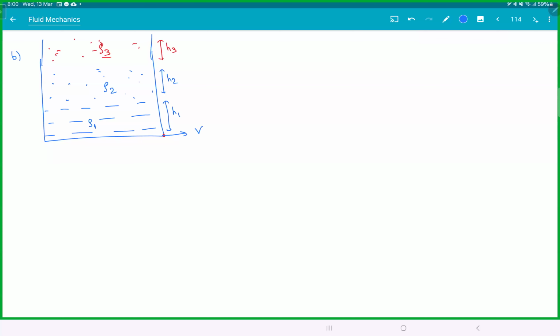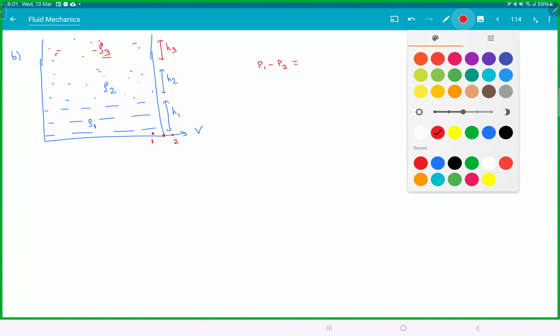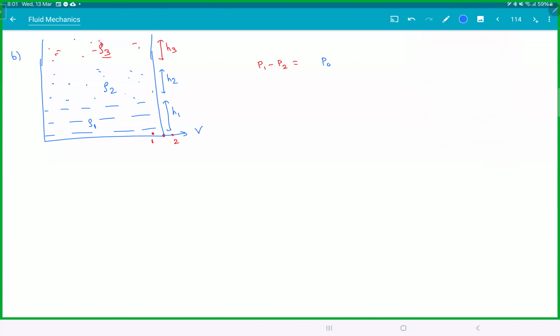Now what is the velocity of efflux? Remember, if you take the pressure difference between this point here and this point here, P1 minus P2, how much will it be? P1 is P naught plus rho 1 g h1 plus rho 2 g h2 plus rho 3 g h3, minus P naught.